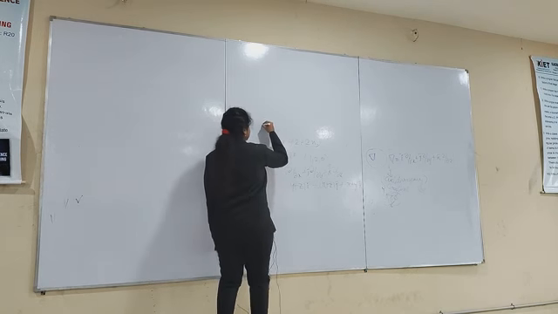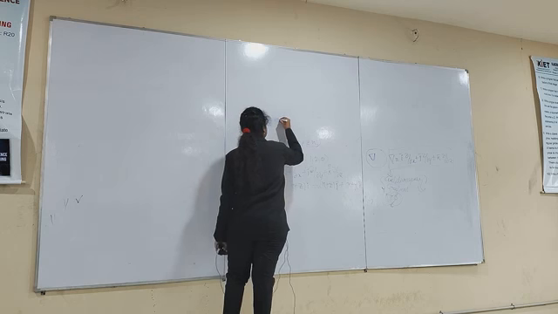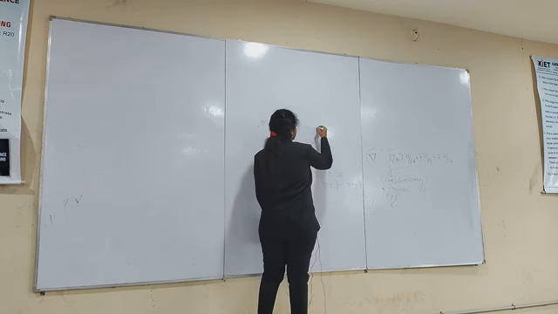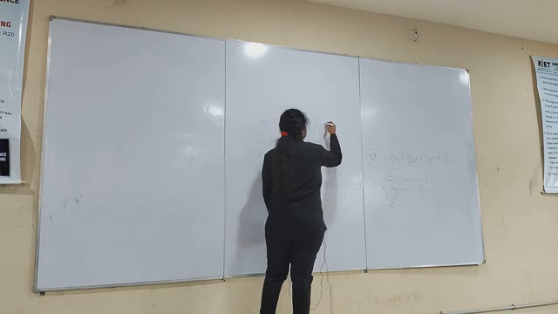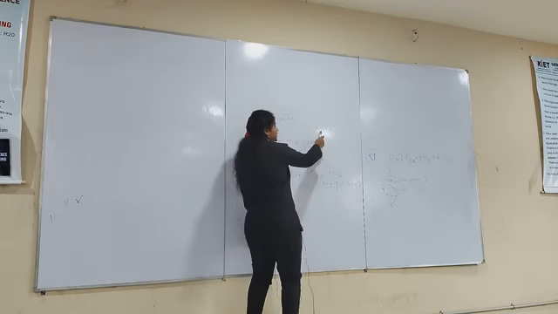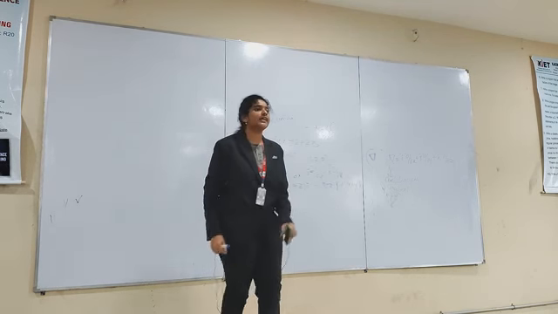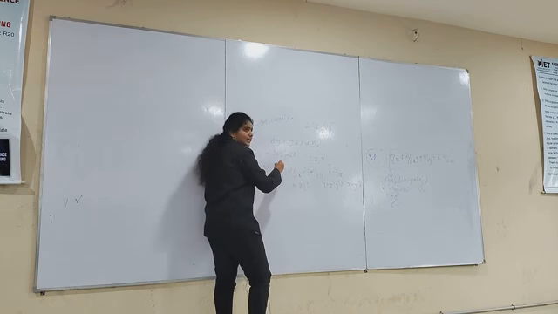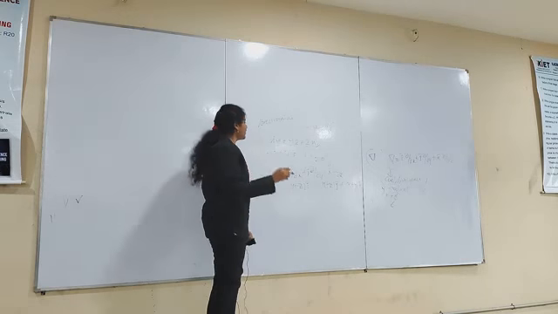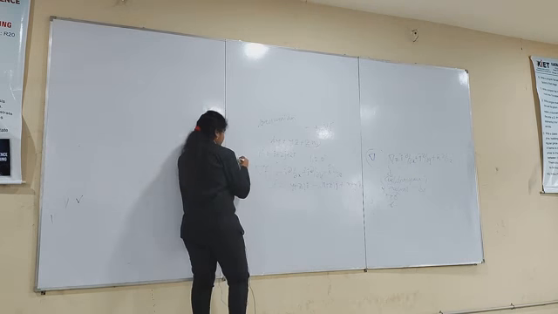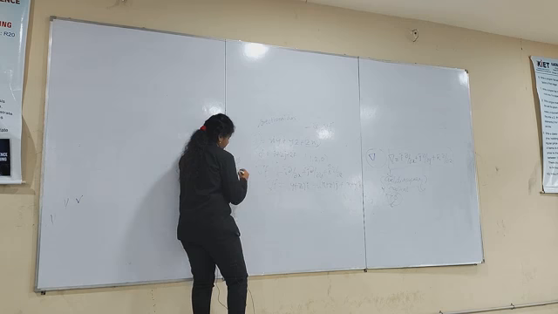Now we have to find the directional derivative. The formula for the directional derivative is e dot del f, where e is the unit vector along phi.